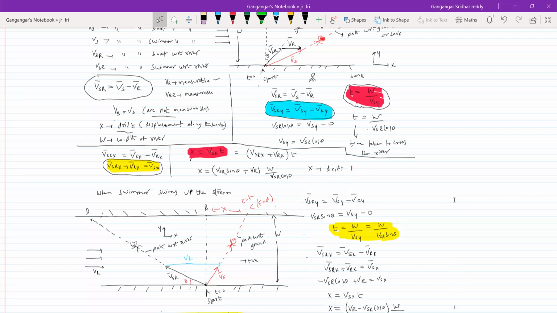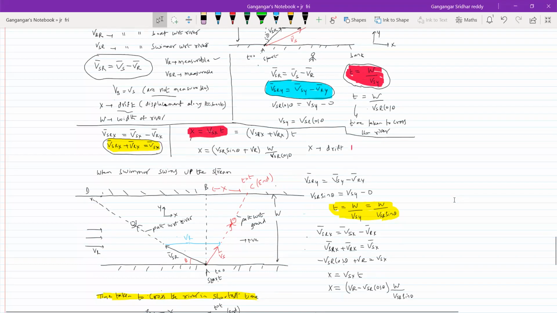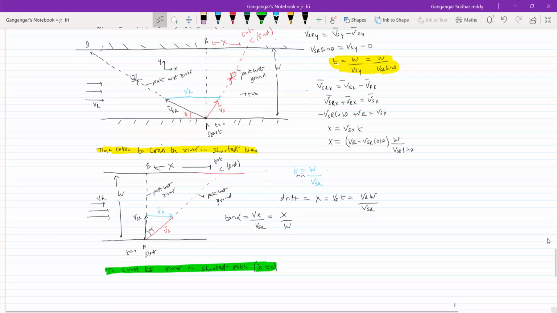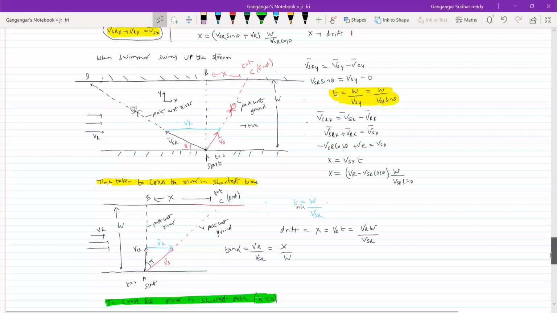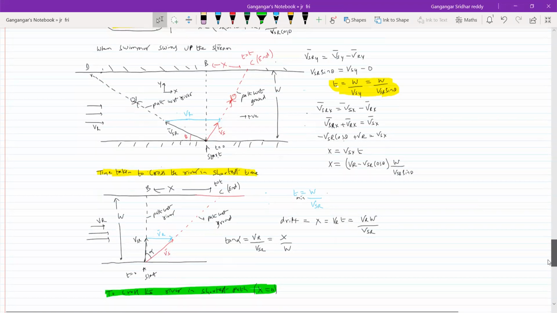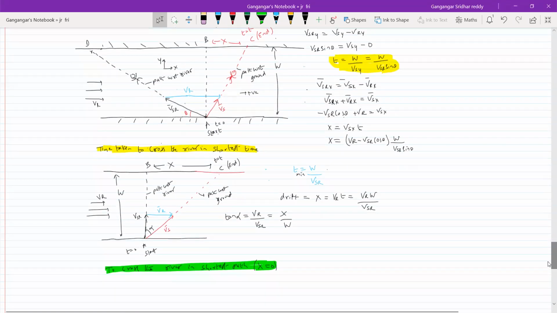Look at this, I want you to see it all at a time. I think you are able to see shortest path. What do you mean by that? The drift should be 0. So what adjustment should I do here? The x should be 0 here.